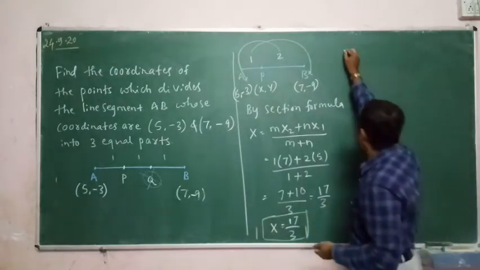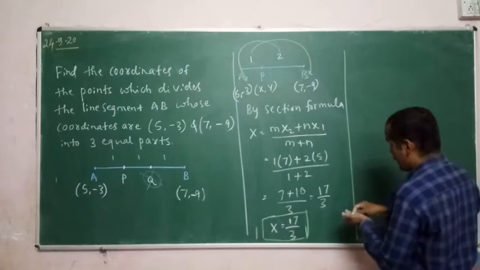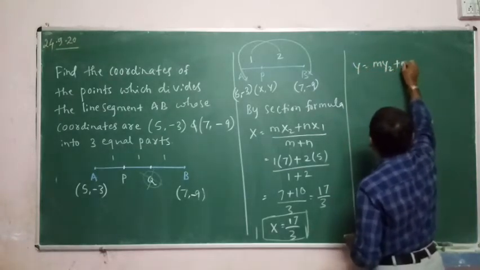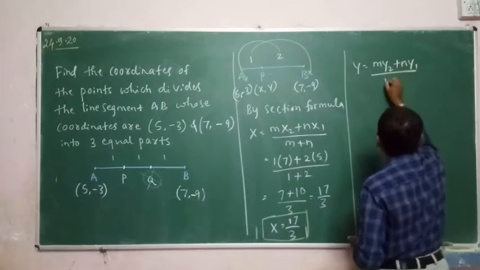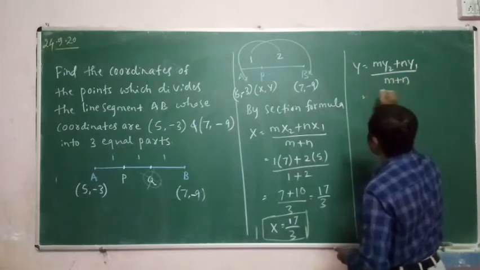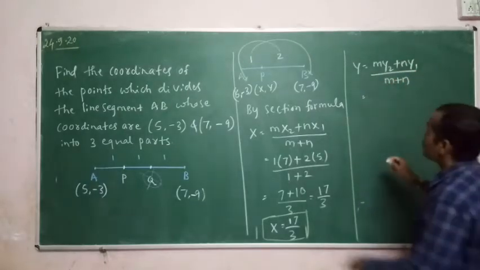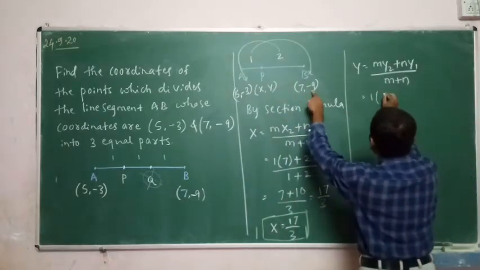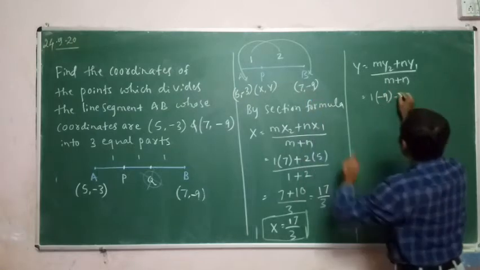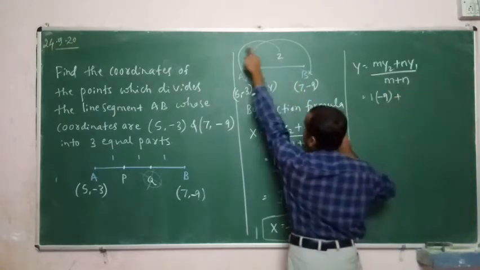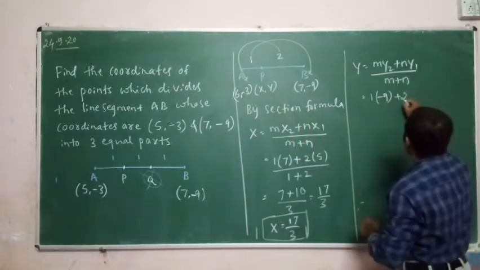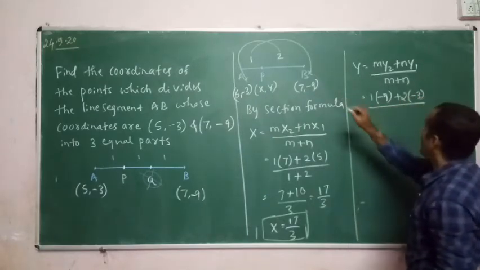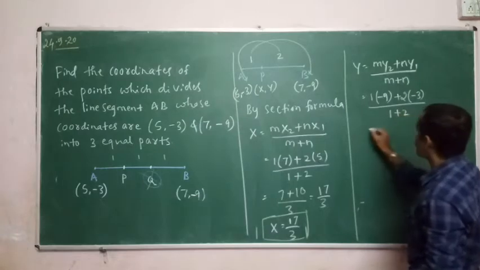I'll go for the value of y. Y is equal to my2 plus ny1 divided by m plus n. my2, 1 into minus 9 plus ny1, 2 into minus 3, divided by m plus n, 1 plus 2.